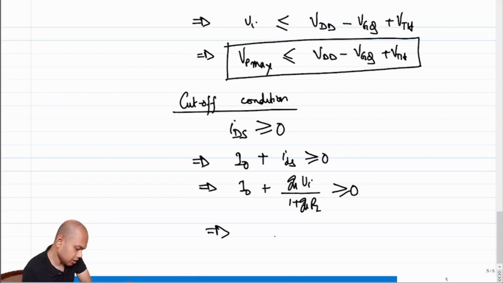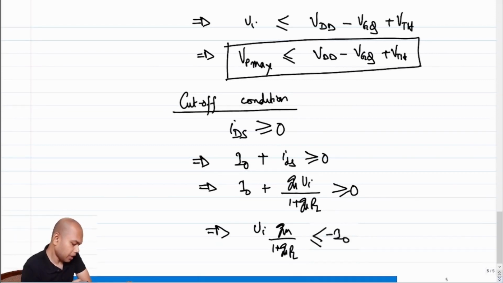In other words, in this case, gm Vi by 1 plus gm RL has to be less than or equal to minus I naught.